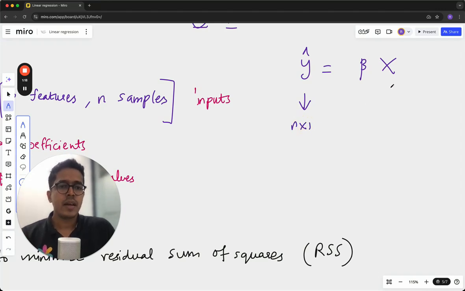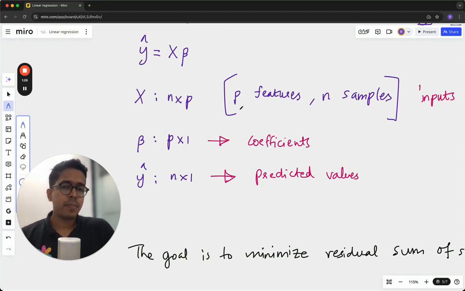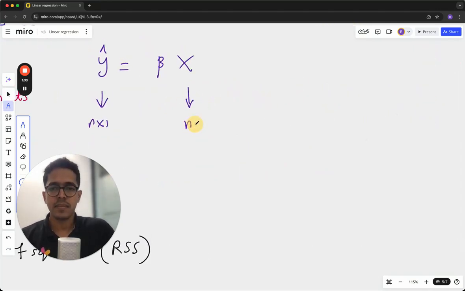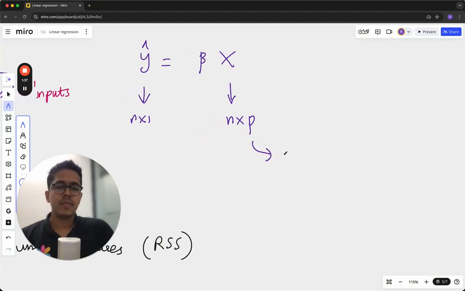That is clear. What about x? The dimension of x, if you have p features and n samples, we said it's n by p. So what is p here? Features, and n is the number of experiments.